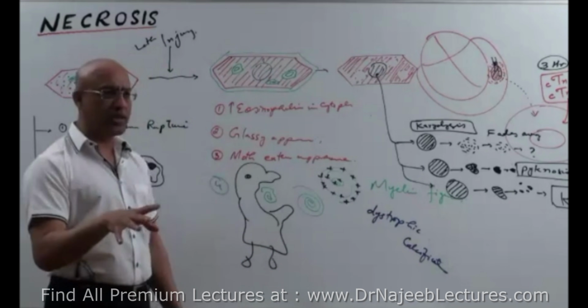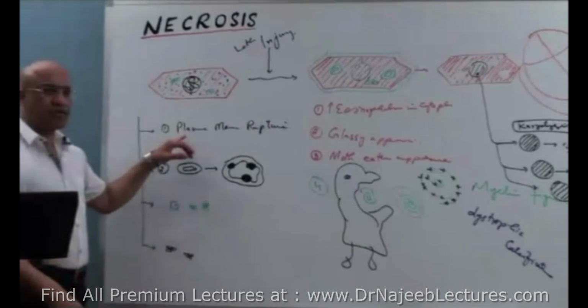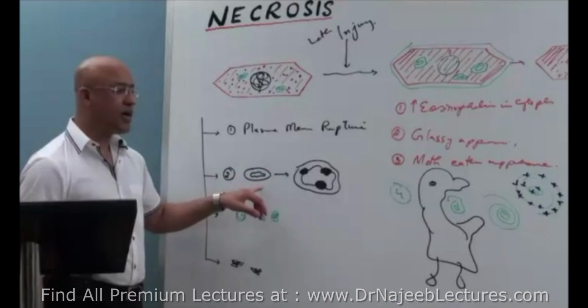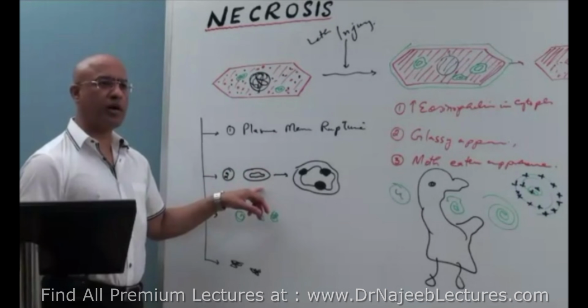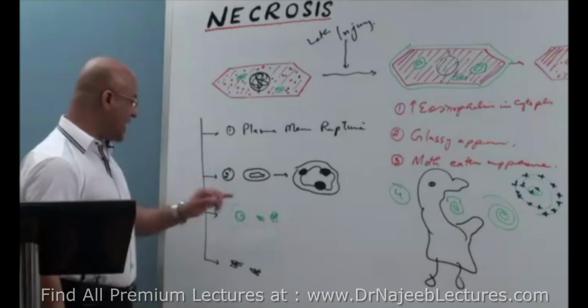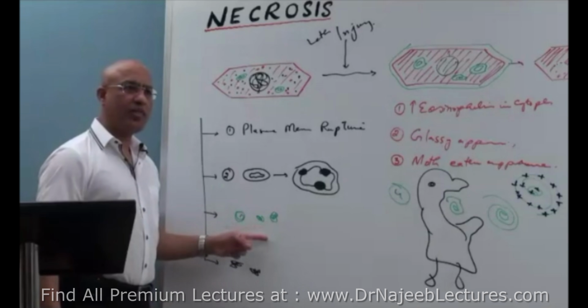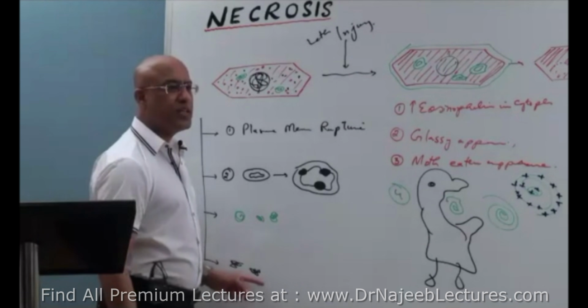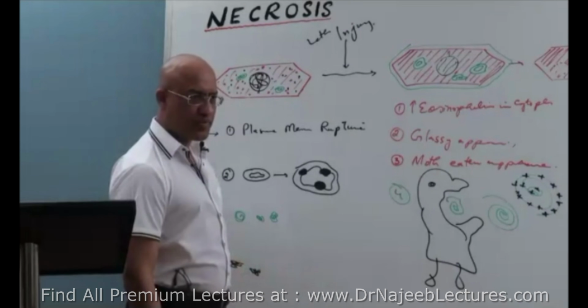Electron microscopic changes: the plasma membrane is disrupted or ruptured, mitochondria are swollen with amorphous densities, and there are intracellular myelin figures and amorphous fluffy denatured proteins, right?